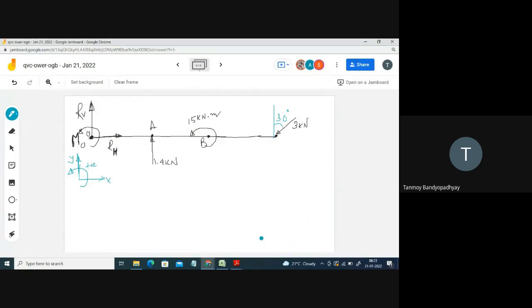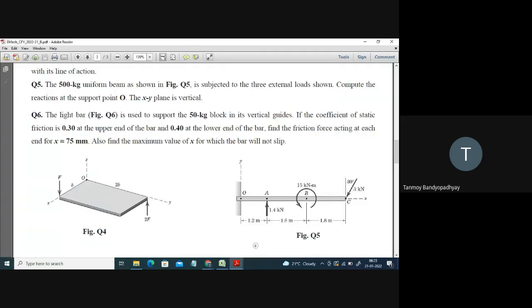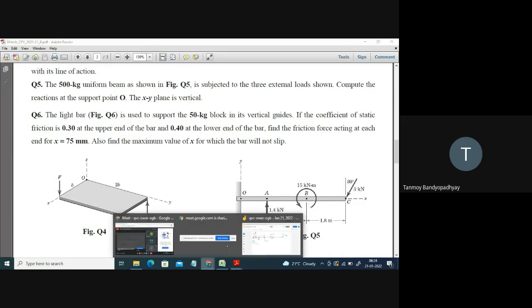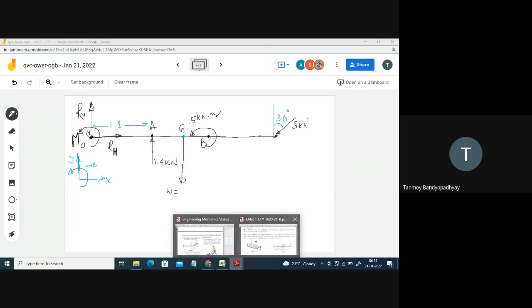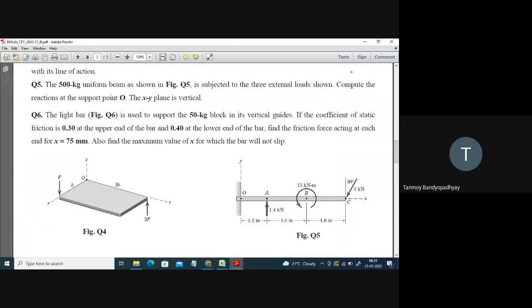So up to the point A, this is 1.2. What is it up to point A? 1.2. And A to B is 1.8. The drawing is a bit disproportionate, but I hope you can understand. So at this point, somewhere around here, the CG of the body will be acting. Let us call this point G. From point G the weight will act, which should be equal to the weight of the beam, 500 kg.